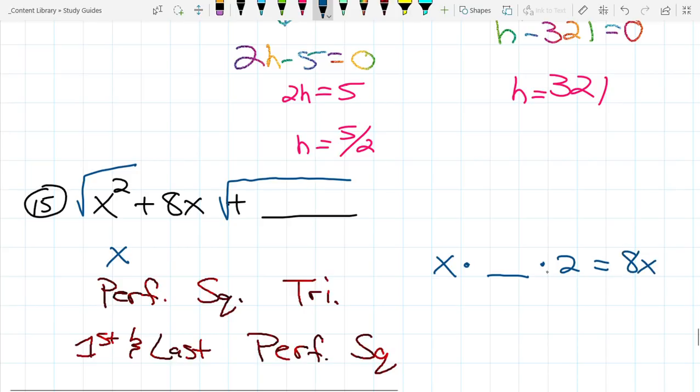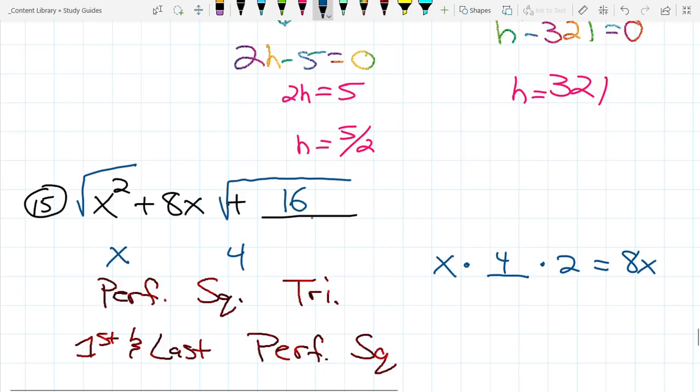So you're just trying to figure out what number would be here. That number would need to be a 4. If we multiply by 4, we would get an 8. Now that doesn't mean this is 4, that means the square root of this was a 4. So that means this number was actually a 16.